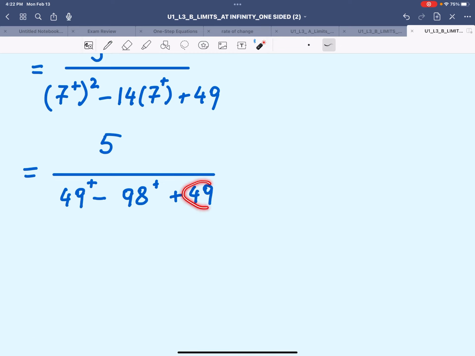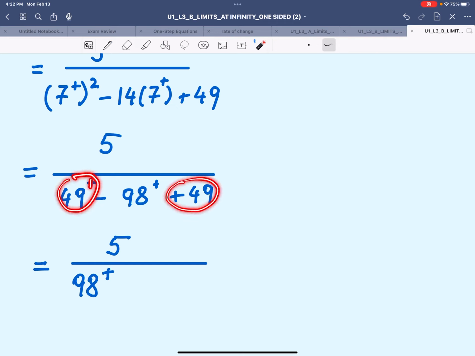I know I can add a number to a one-sided number, so I'm going to choose to add 49 to this 49 plus. Either one would have worked, but I think it makes more sense for the purpose of understanding, since these are our first examples. So 49 plus 49 is 98, and it will be an extra 98 here because you have a little bit extra from this 49, and then minus 98 plus.